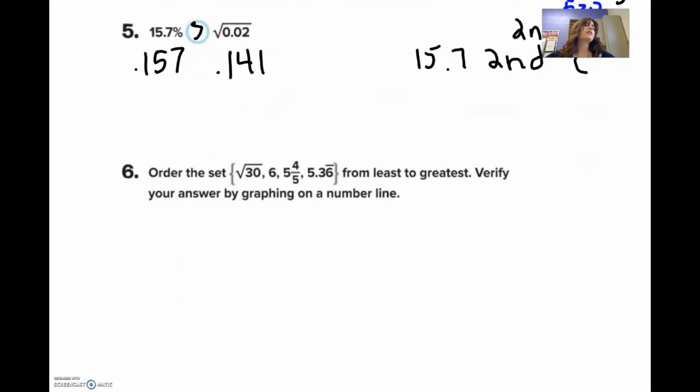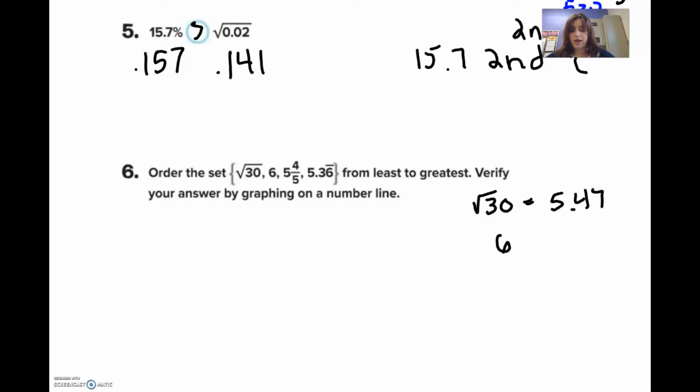So for number 6, all we're doing is ordering them. So we're taking the square root of 30. So the square root of 30 equals 5.47. Then we have 6. Then we have 5 4/5.